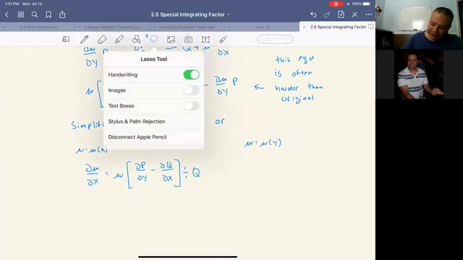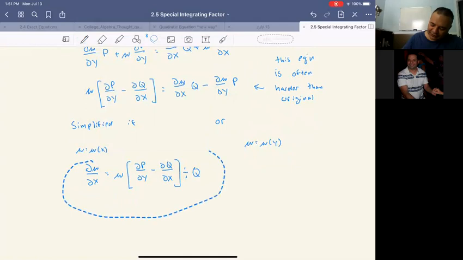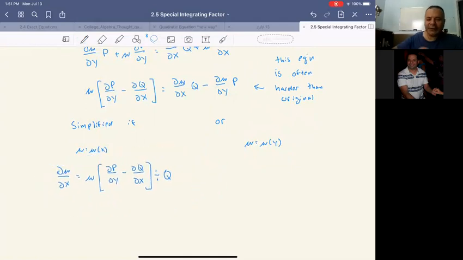Sorry about that, I'm getting carried away with my lassoing. In this situation, if mu is a function of y, then this is going to be 0, right? So if this is 0, I can again solve it.